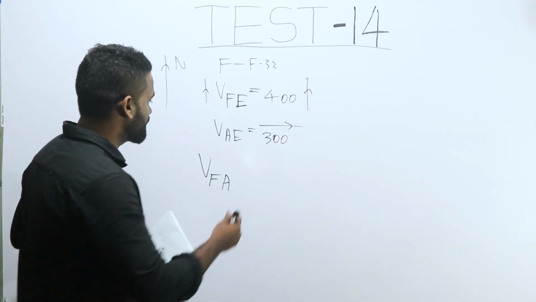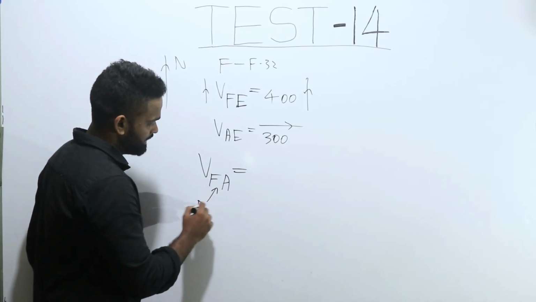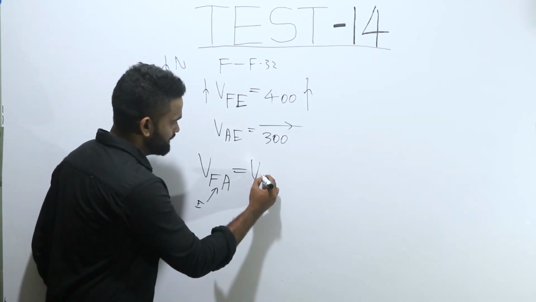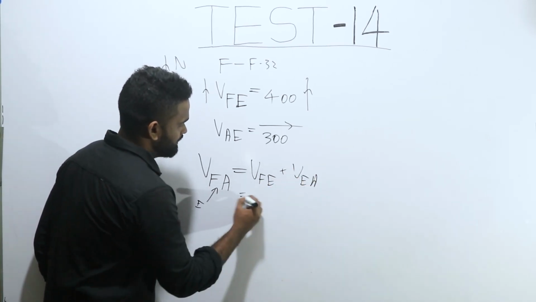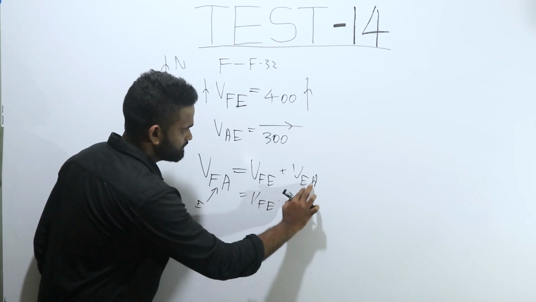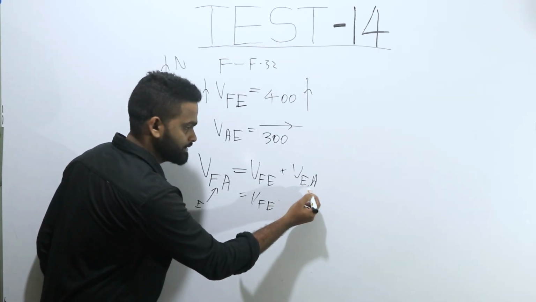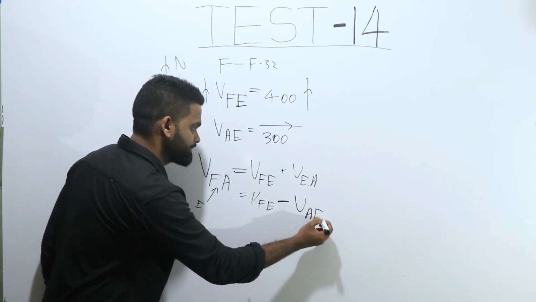Then just put E in between. So this becomes VFE plus VEA. So change the letters here, so we can put a minus sign here, VAE.